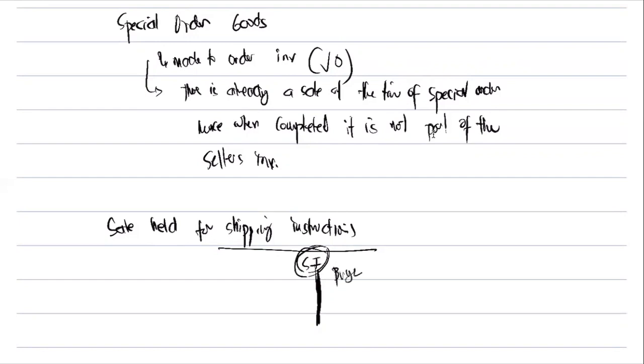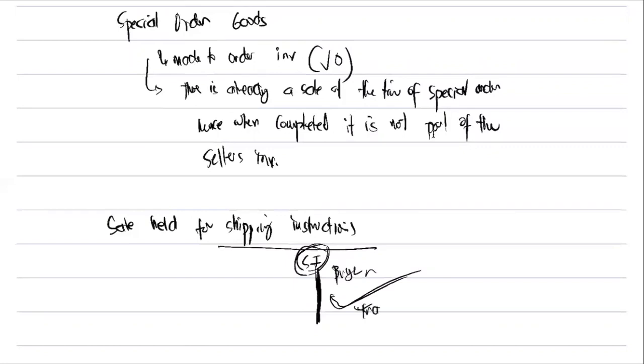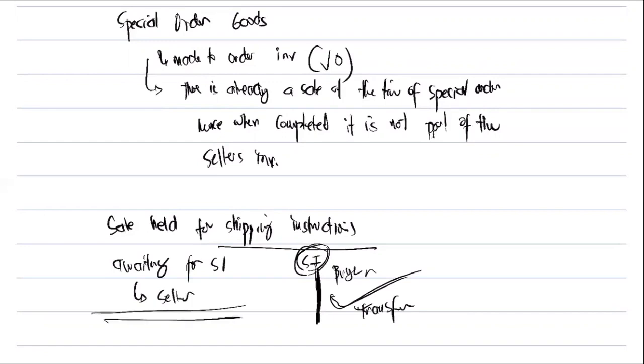So, at the time there is shipping instruction, there is already a transfer to the buyer. But while it is awaiting shipping instructions, it is an inventory of the seller because the risks and rewards is still with the seller, not until a shipping instruction was provided by the buyer.